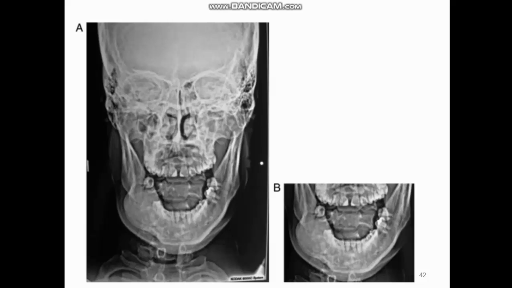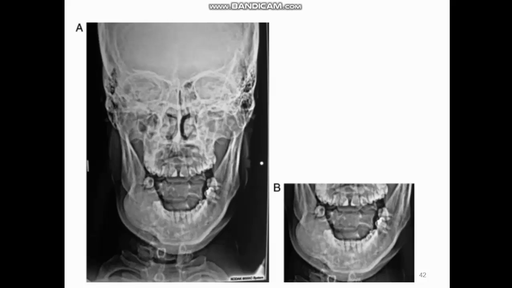This is the posterior anterior position of the jaw, of the mandible. This projection shows the posterior parts of the mandible. It's not suitable for showing the facial skeleton because of superimposition of the base of the skull and the nasal bones.